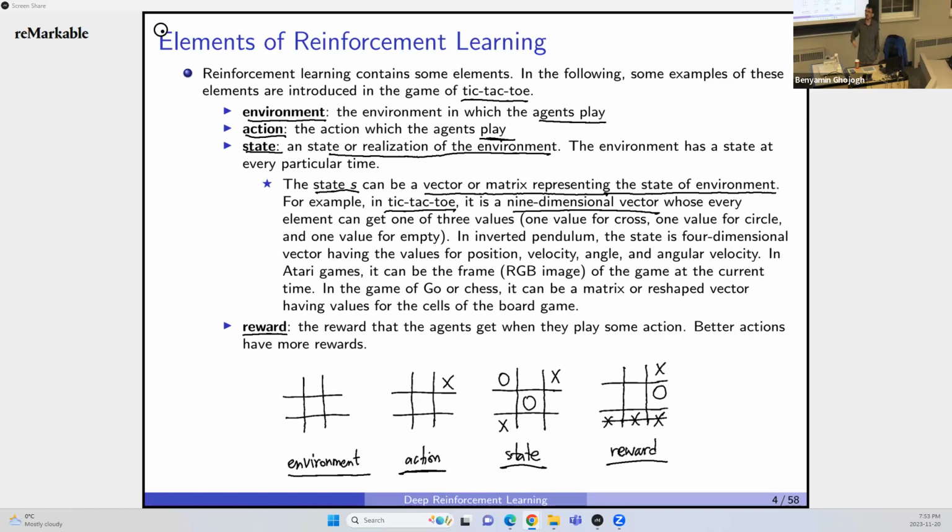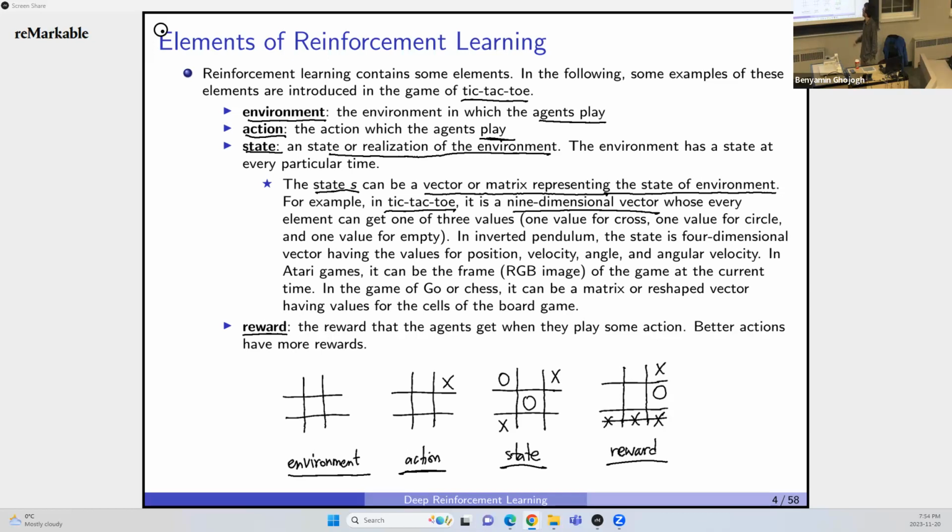And each element of the vector can have 3 possible values: one for empty, one for cross, one for circle, right? So how many permutations of states do I have? How many states do I have? What is my state space dimensionality?